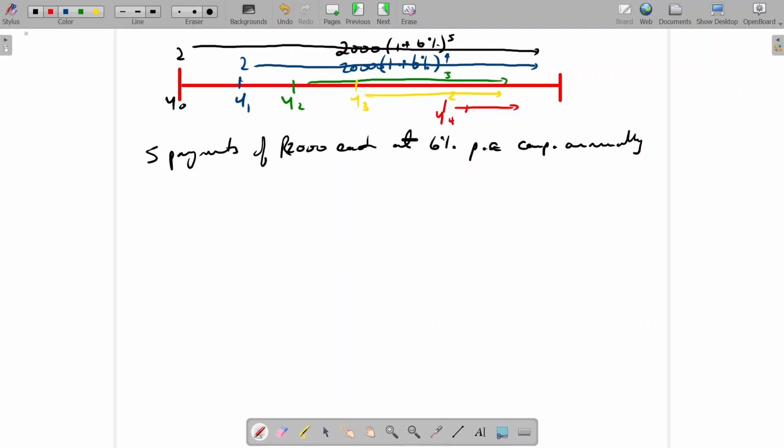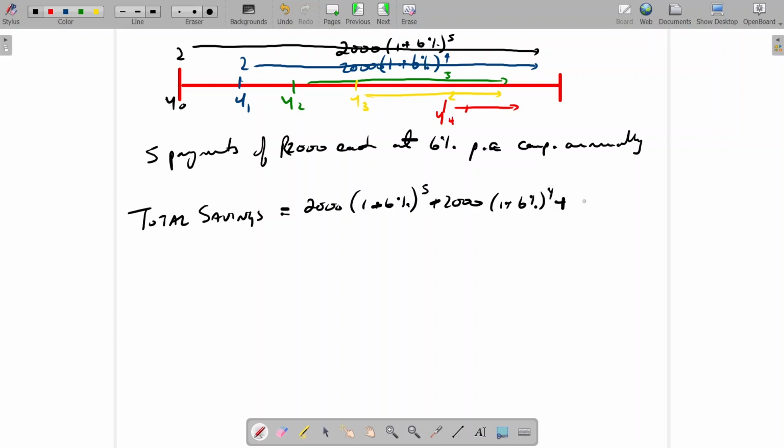So my total savings, okay, is going to equal 2,000 times 1 plus 6% to the power of 5 plus 2,000 times 1 plus 6% to the power of 4.